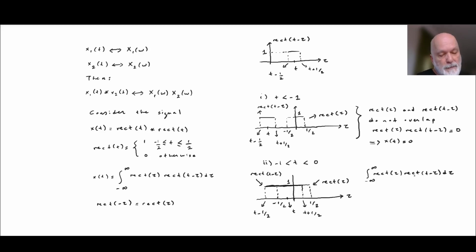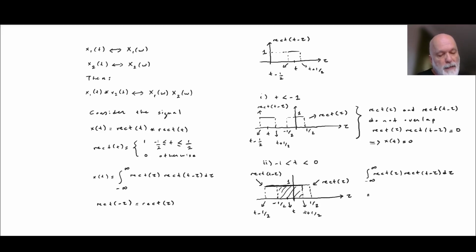You see, the two functions overlap over the interval from minus 1/2 to t plus 1/2, and therefore the convolution integral is the area of the shaded rectangle.